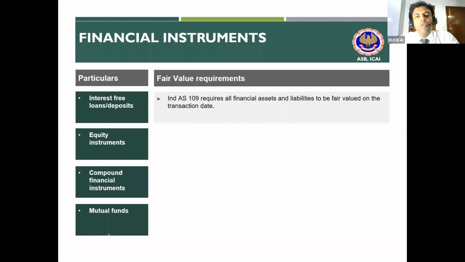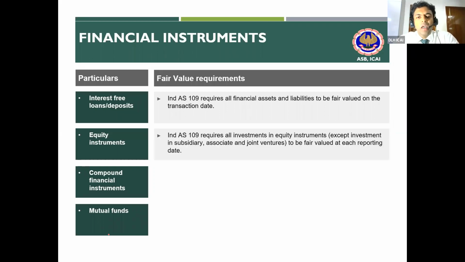Generally it is not a market approach, and the company should not apply the cost approach. In that case, which is the better suited approach? The income approach, where the company has to determine the future cash flows, the discount rate, and other assumptions. On that basis, the company will compute the fair value of the interest-free loan or security deposit.